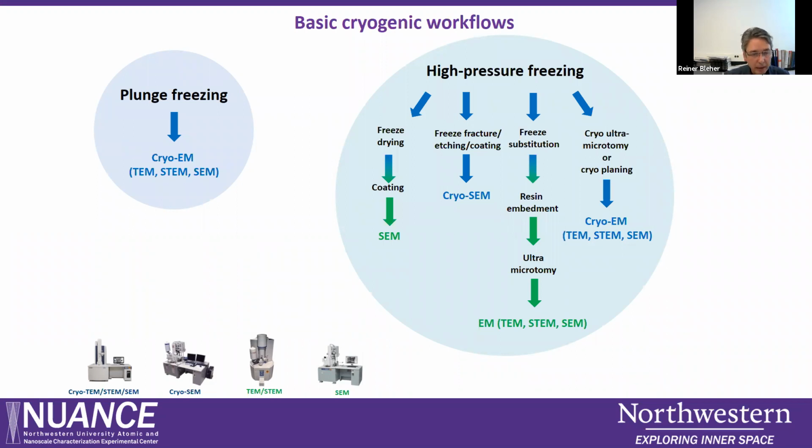The sample is applied to a substrate, usually a TEM grid, and frozen in LN2, liquid nitrogen. Once frozen, the sample can be observed with cryo-TEM, cryo-SEM, or cryo-STEM. However, the method is limited to very thin samples only, as we have seen, that do not exceed a thickness of a few micrometers. Up to 10 micrometers are possible.